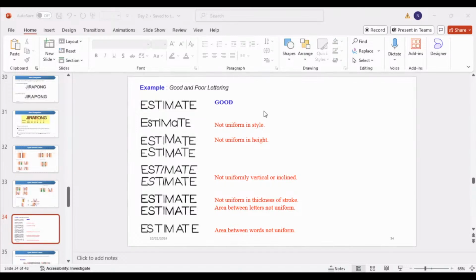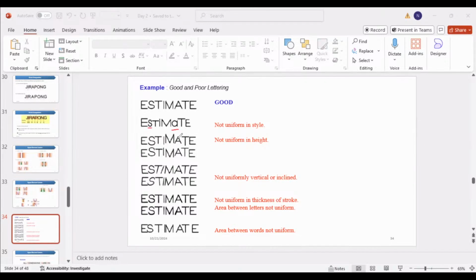In the second example you can see it is not uniform in style, right? The style is different. There are lower case letters, which is wrong. In the third one, though all the letters are capital, you can see that they are not uniform in height, right?